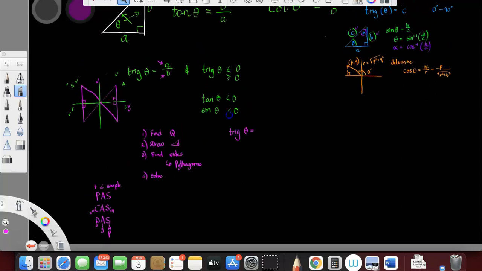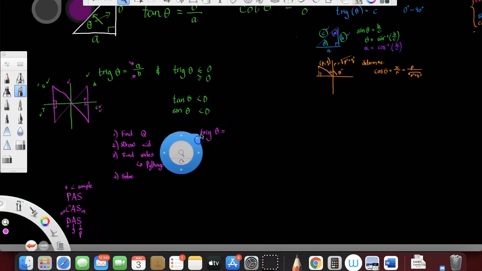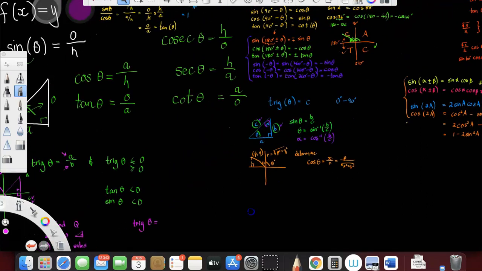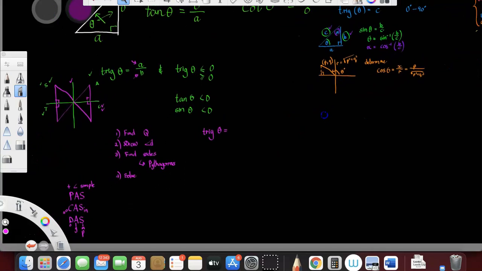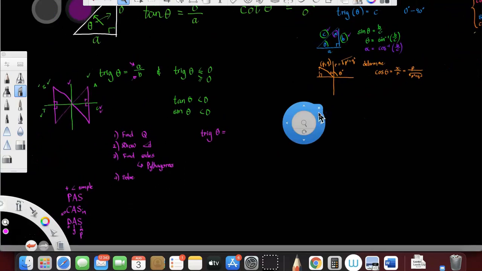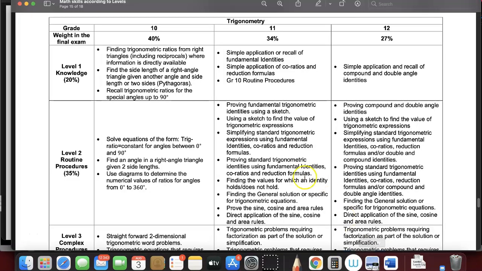The only way to really show you is with an example. Since this is not really about examples, this just means you should be able to simplify trigonometric expressions. That's what it comes down to. Simplify trigonometric expressions and proving identities. So proving standard trigonometric identities using fundamental identities. Simplify and prove are basically exactly the same technique.